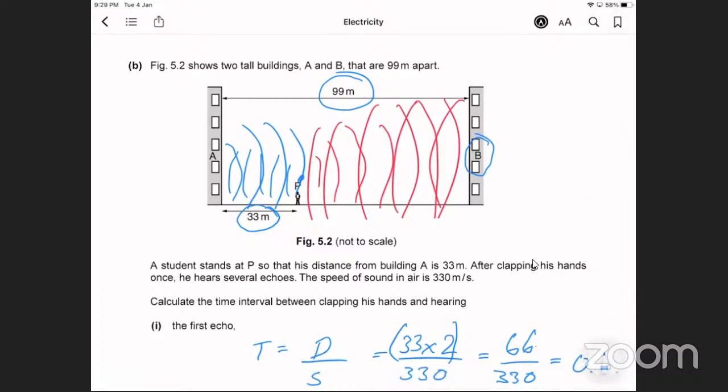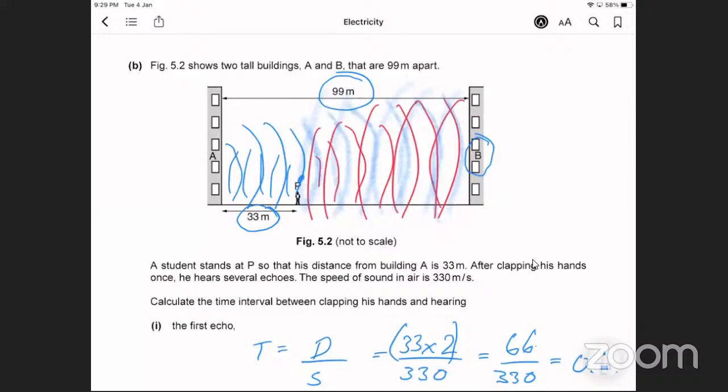You still remember the sound which went to building A and then back to P. That will also continue all the way to building B and then reflect again, coming back. Are we following? That is your third echo. You get me, guys? That is your third echo, right?